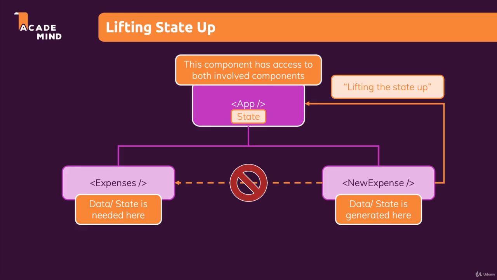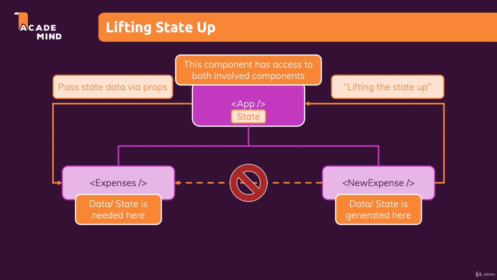Because that's the other part of this lifting the state up concept. We are lifting the state up, we are passing data up to some parent component, because we either need that data directly in the app component, or, as it's the case in our demo application, and as it is quite common, because we then want to pass that data down to another component via props. That's what we did in the last course lecture. And that is an important concept.